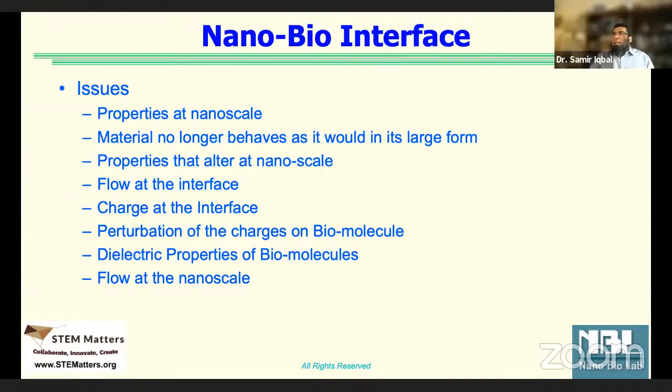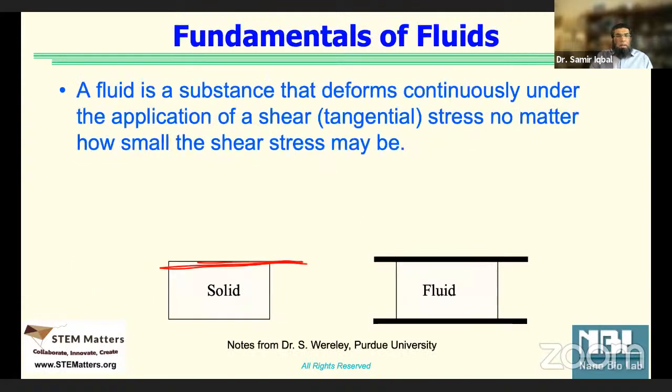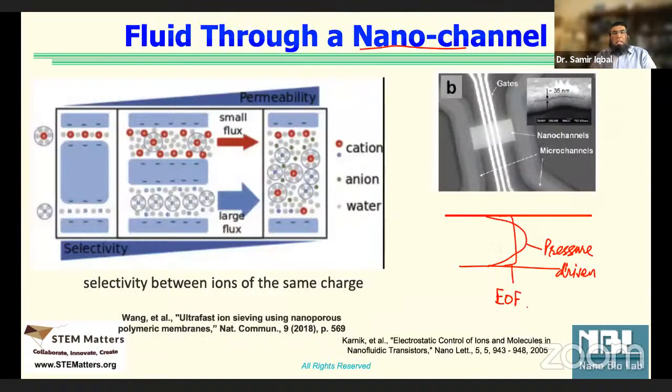Now, flow at nanoscale. We talked about flow in the previous lecture, but let's just recap a little bit. So solid to fluid, and then within fluid, going from large-scale fluid to small-scale fluid is a big difference. Something else happens, which is that the selectivity of a solution can change based on the flux, how fast we move things.